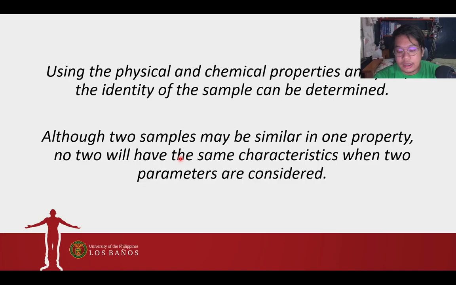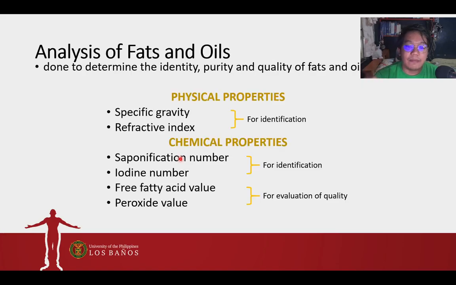We have a disclaimer here: using the physical and chemical properties analyzed, the identity of the sample can be determined. Okay? But if you only use one property, for example, physical only, there is a chance that you will not be able to identify it, because we have oils that have the same physical property. For example, the specific gravity of oil 1 and oil 2 is the same, so you cannot identify whether it is oil 1 or oil 2.